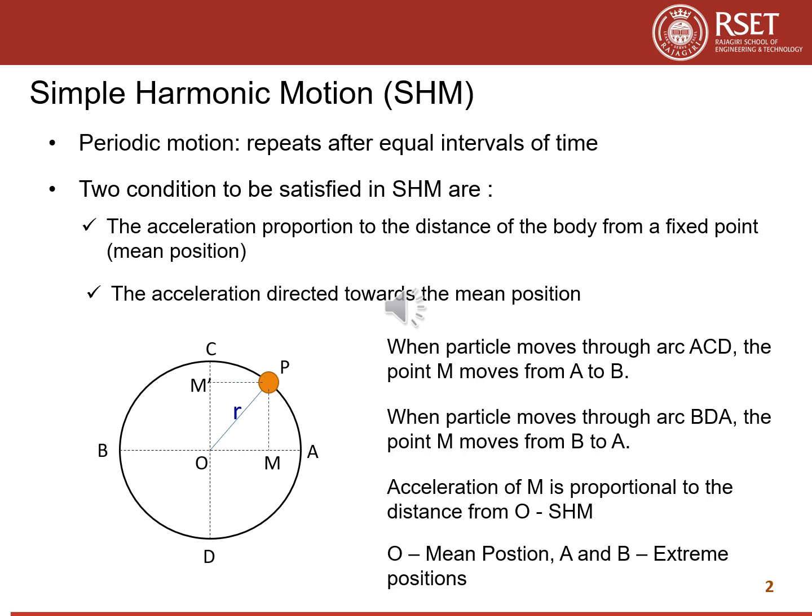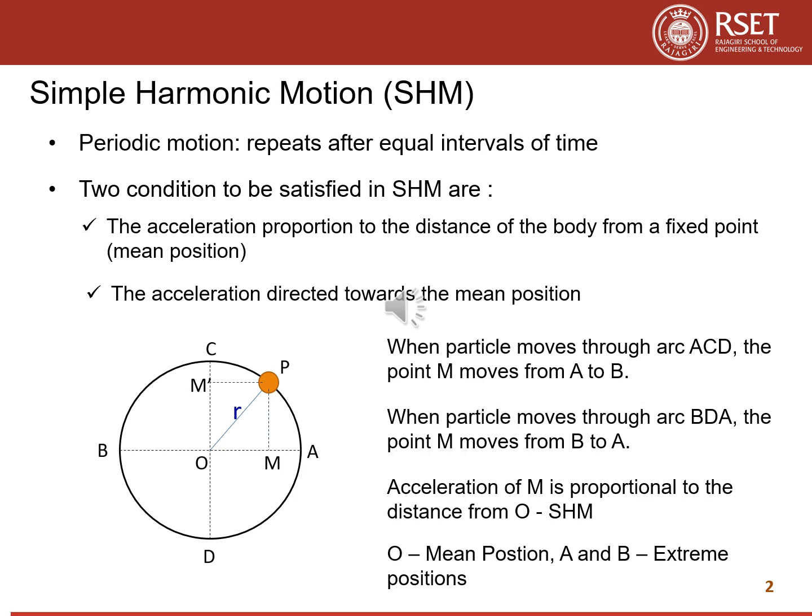Now consider a particle moving along the circumference of a circle in the anticlockwise direction as shown in the figure. Let r be the radius of the circle, omega be the uniform angular velocity in radians per second, P be the position of the particle after t seconds from the start of motion from the position A, and M is the projection of the particle on the horizontal diameter AB.